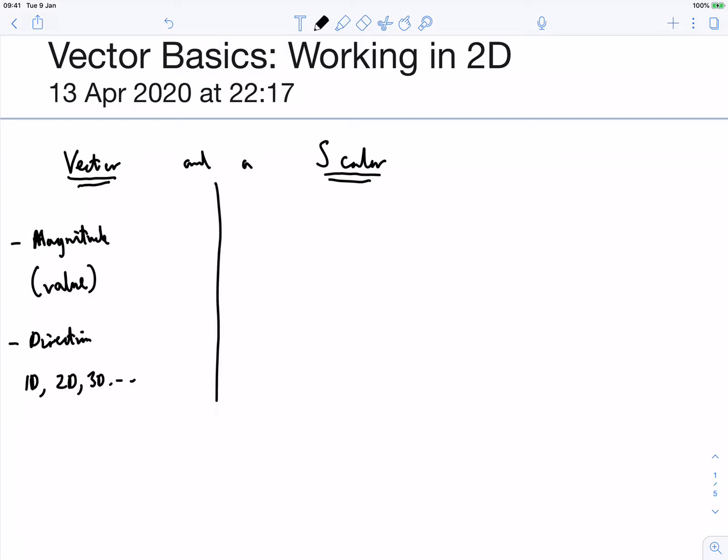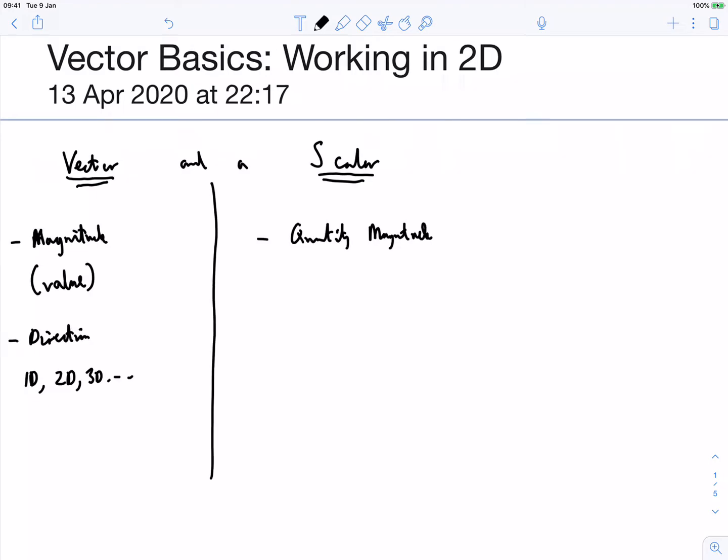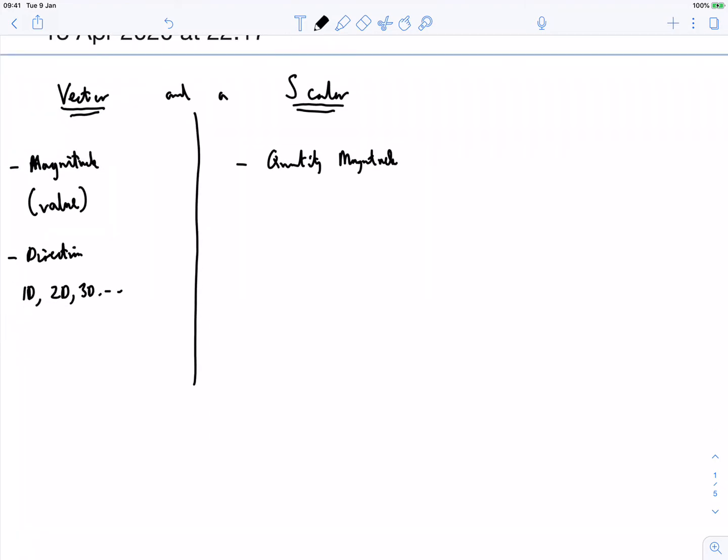And what's the difference between that and a scalar? Well, a scalar is just a quantity or something that has magnitude. So let's have an example of both. You could have a vector which is just 1, which means if I'm on a real number line and I start at the origin, I just move a length of 1 to the right in the positive direction.